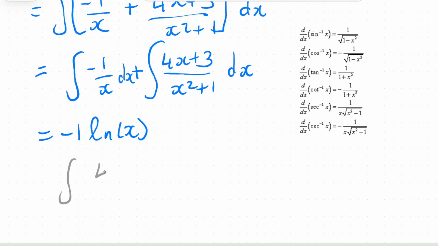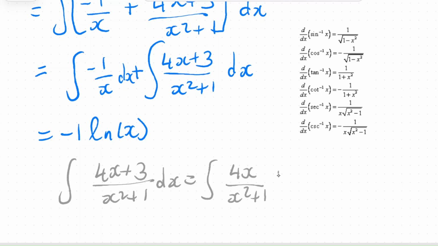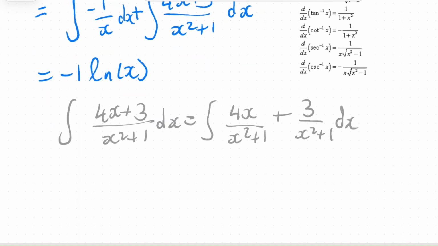So let's solve this integral. The integral of 4x plus 3 over x squared plus 1 dx is the same as saying the integral of 4x divided by x squared plus 1 plus 3 over x squared plus 1 dx. This is important because we're breaking down this fraction once again.